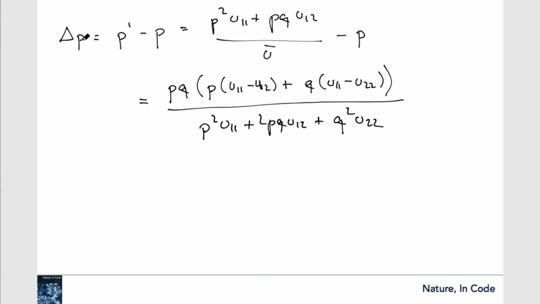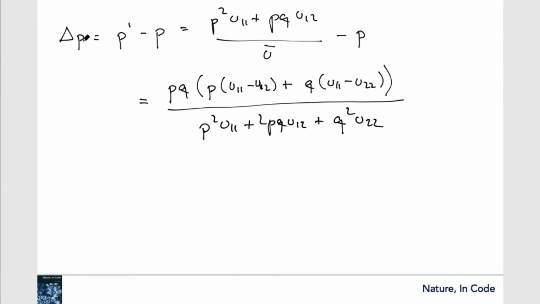So this notifies the change in allele frequency, right? This is the change of the A1 allele frequency. And you can, of course, ask yourself, okay, what's the big deal? I mean, if A1 has a high fitness, P will increase.